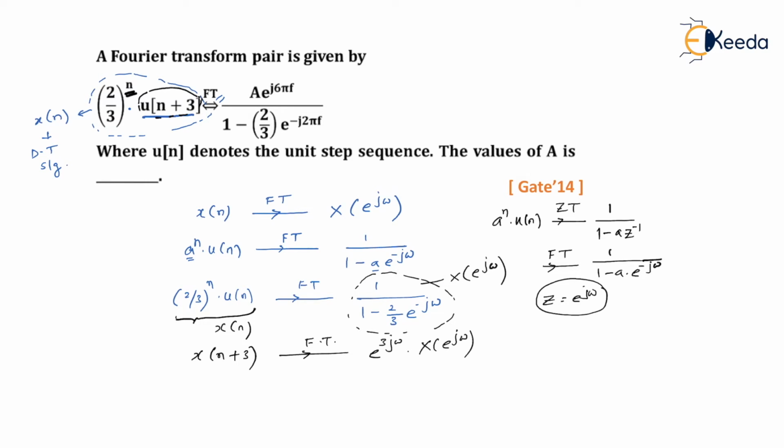And from where has this come? If you remember, the Z transform for x of n plus 3 was Z cube times X of Z. Am I right? And we know that we just replace Z with e to the power j omega. So it becomes e to the power j 3 omega times X of e to the power j omega. I hope you understood this.